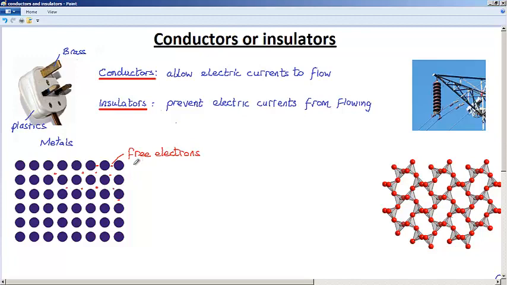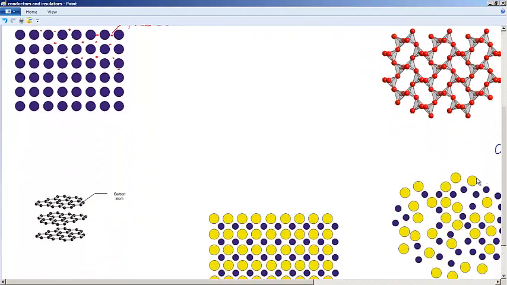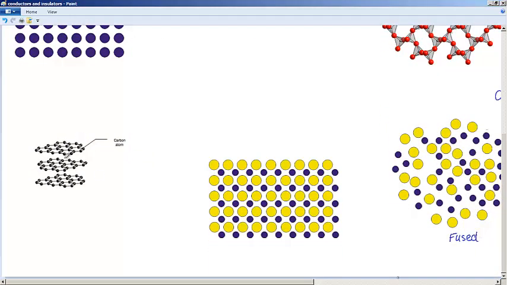They also help to carry heat through the metallic structure and also reflect light from the surface, which makes metals quite shiny. Now, there is one other material which is an important conductor, but that is not a metal. This is a non-metal, and this is an allotrope of carbon which is called graphite.